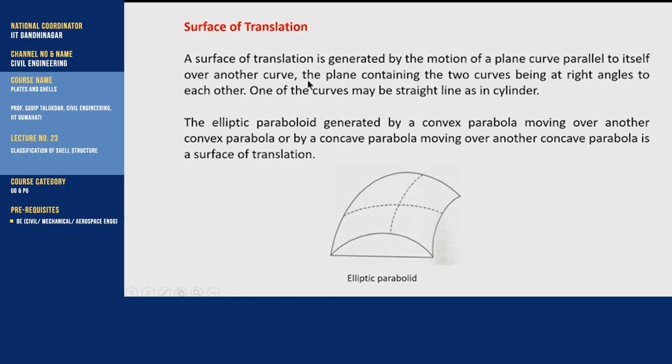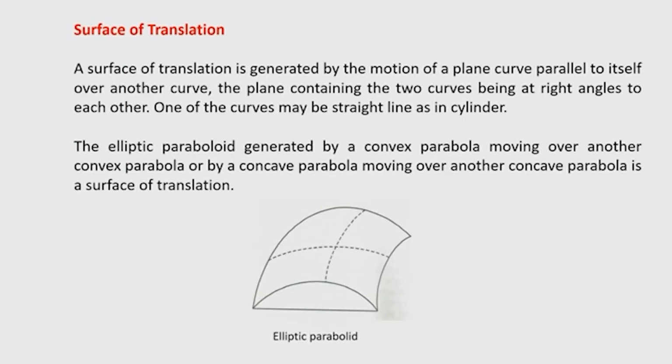The plane containing the two curves being at right angles to each other, a special case may also arise, that one of the curves may be a straight line as in cylinder. So, surface of translation also includes the ruled surface if one of the curves is a straight line. So, ruled surface is a special category of surface of translation where one curve is a straight line.